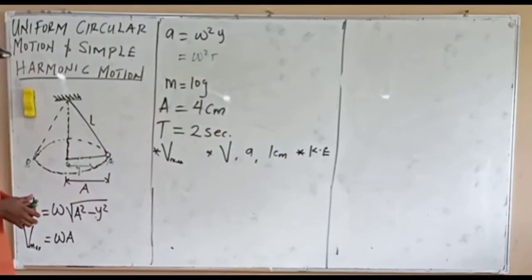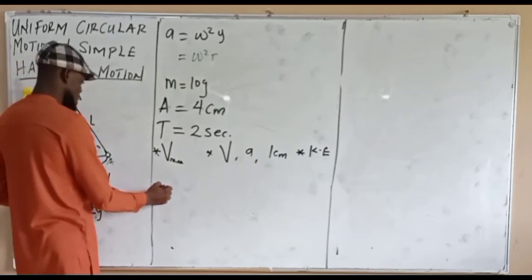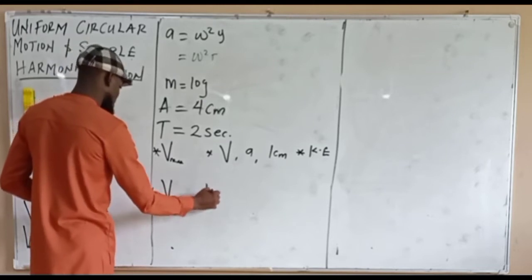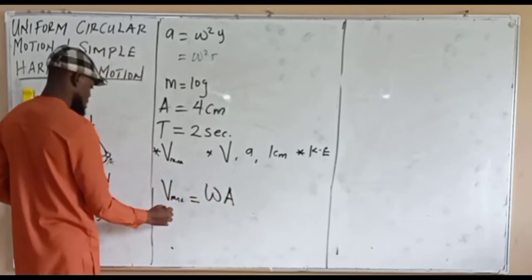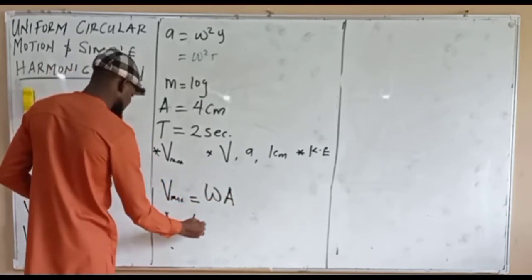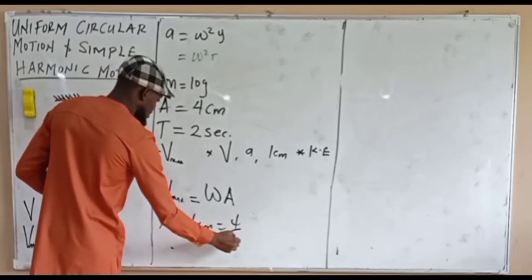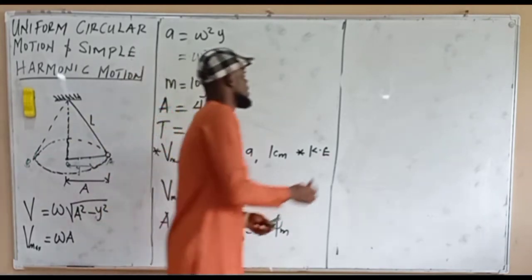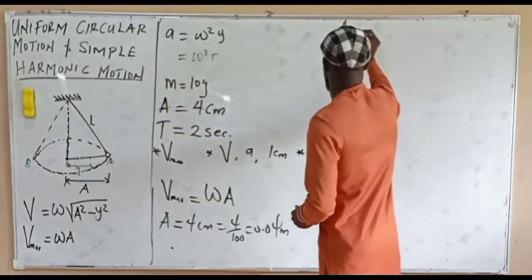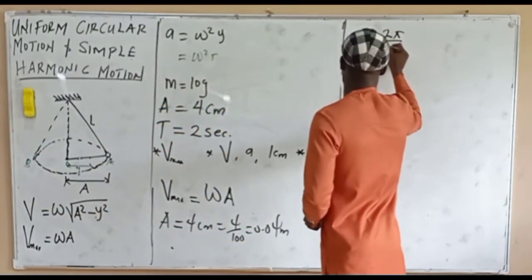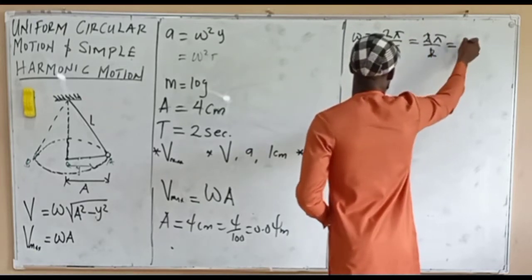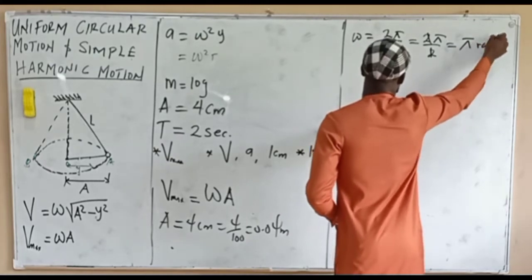So let's look at this to see what we will have. Know that maximum velocity is equal to w times a. Our a is equal to 4 cm, which is 4 over 100, 0.04 meters. Then w was not given, but w is equal to 2 pi over T, which is 2 pi over 2, that is pi radian per second.